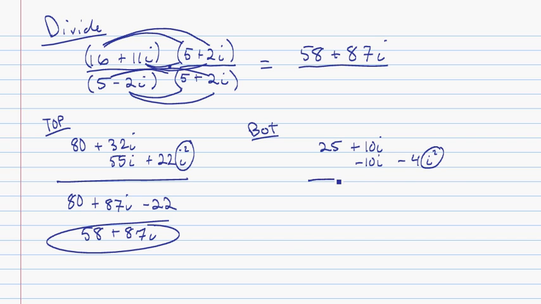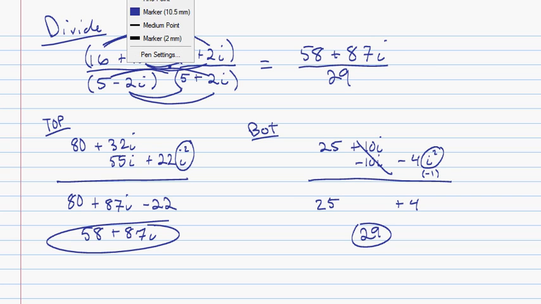So this is really nice because when we add down, we have canceling i's there. And then we just have minus 4 times negative 1, which turns out to be positive 4, because you are multiplying negative 4 times negative 1. So downstairs we have 29.